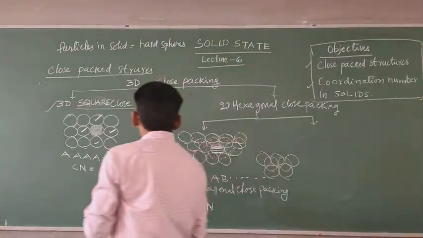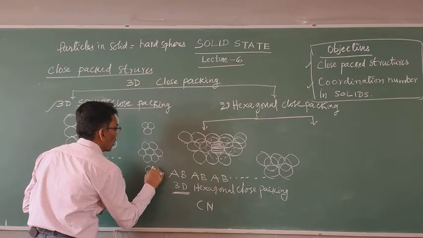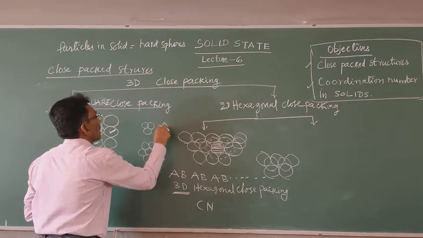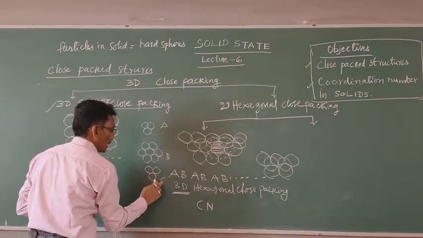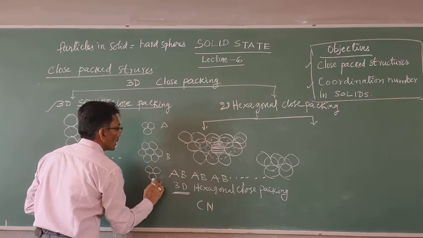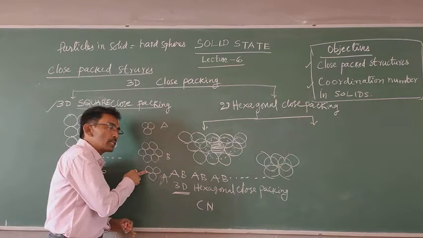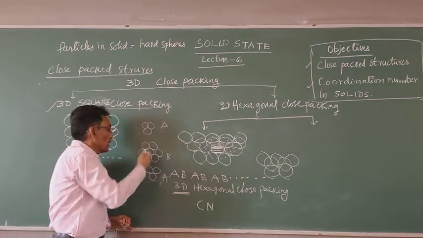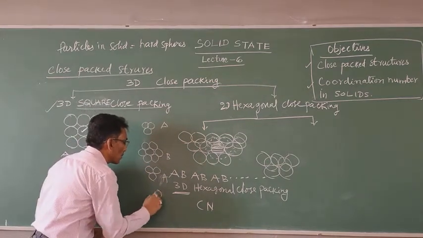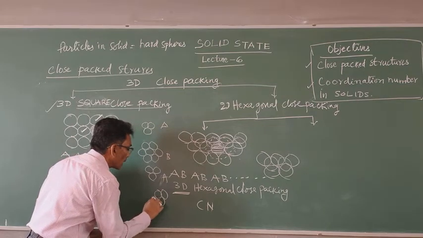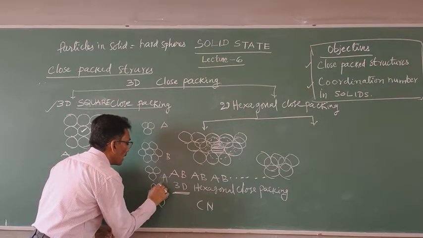Here also, in the same way, you have to write triangular void. This is A, this is B, this is C, but the position is the same, so it is A. So the arrangement of the third layer particles exactly matches the first layer, and the fourth layer exactly matches the second layer, and so on.